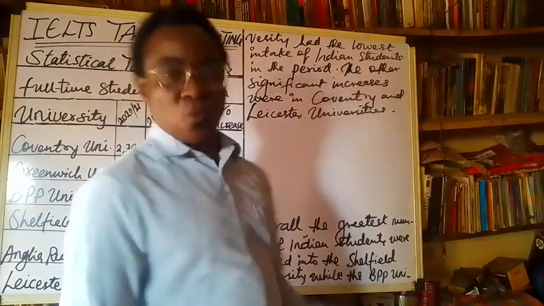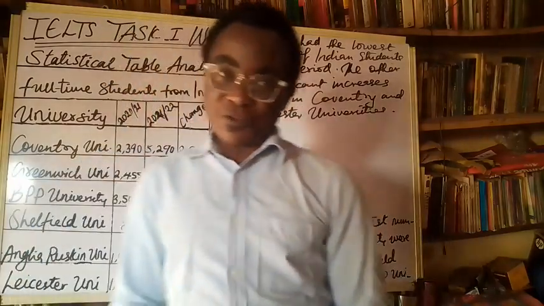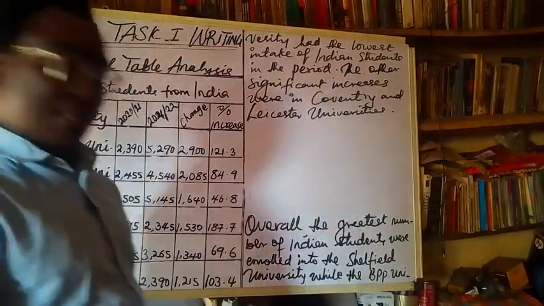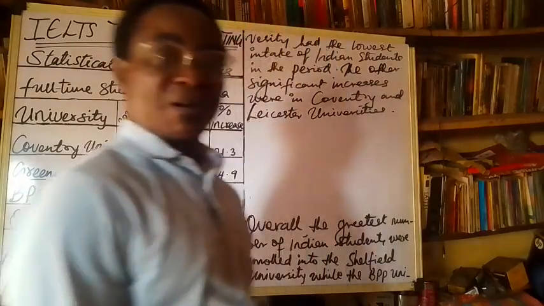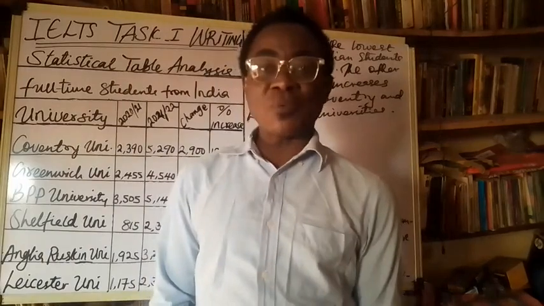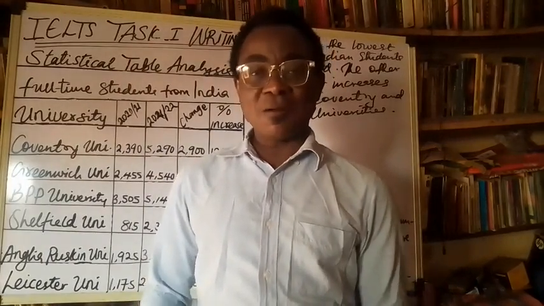No figures have been quoted here, so the overview should not contain figures. But the third paragraph, which we're moving into, you can call it the analysis paragraph, should contain figures. We should use figures to back up whatever claim that we are making.